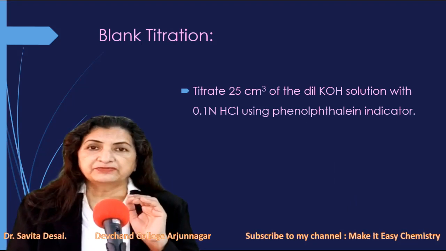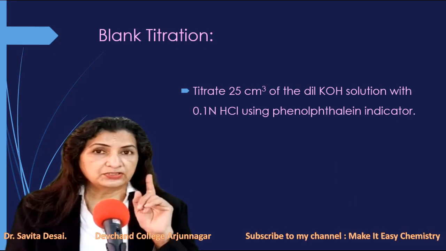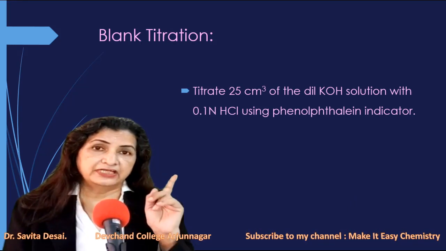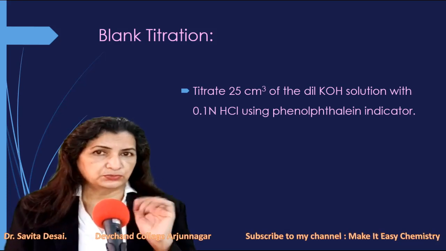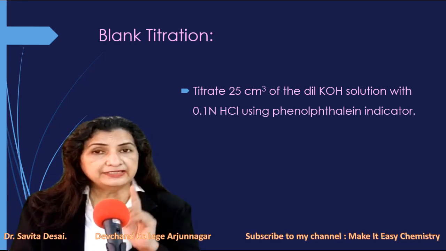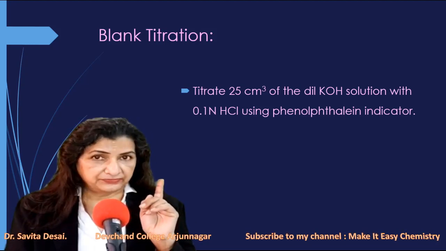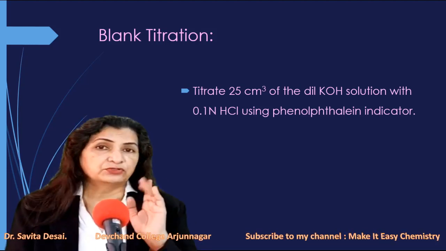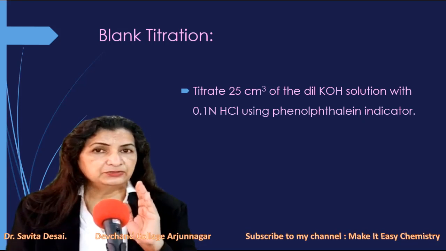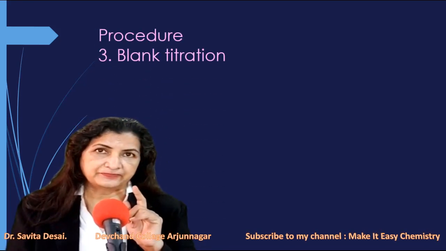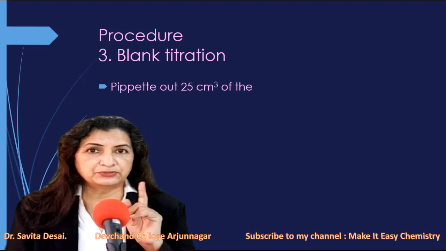We are going to perform the titration called blank titration with the help of this dilute KOH solution. We are going to titrate 25 cm cube of this diluted solution of KOH with 0.1 normal HCl, again using the phenolphthalein indicator. What are we going to do in this titration?